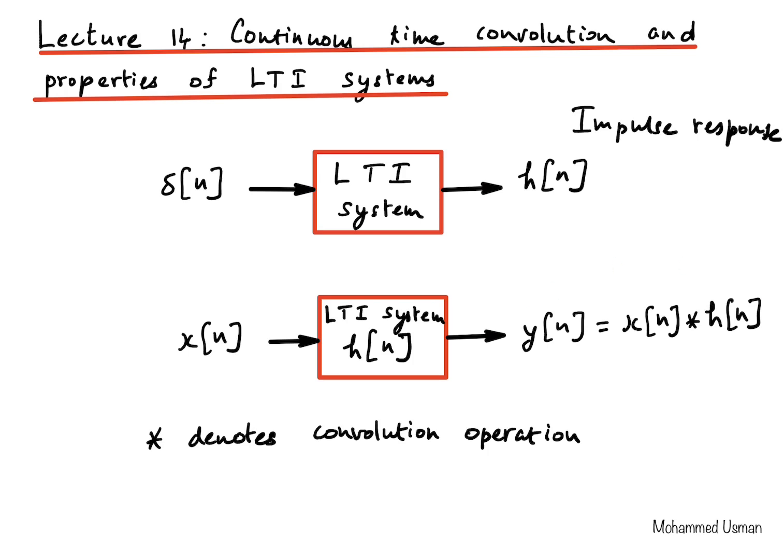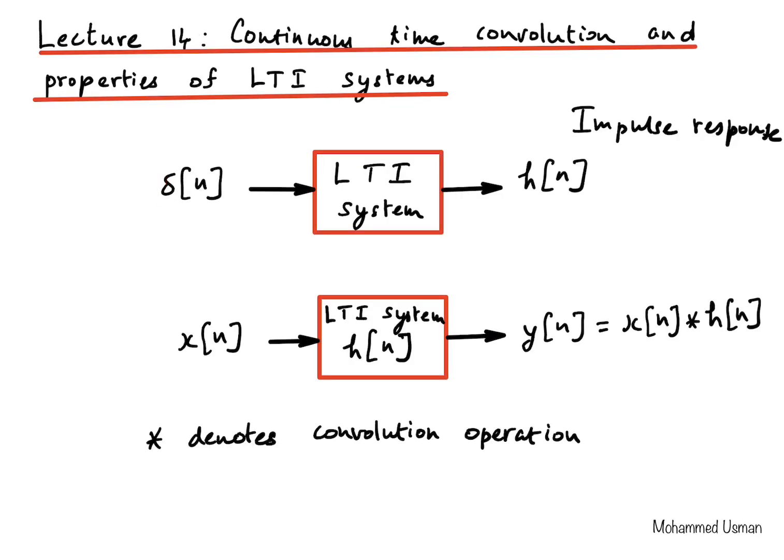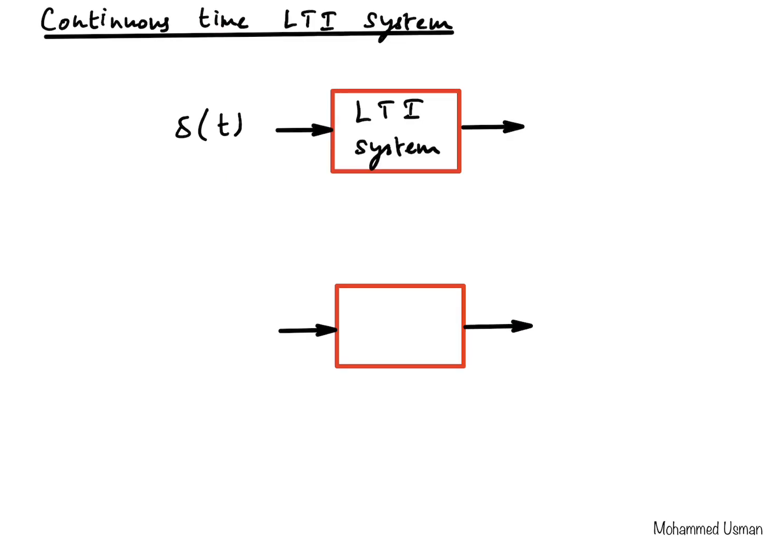The same idea applies to a continuous time system as well, and we discussed in detail in the previous lecture how to perform this convolution operation. So let us now look at the continuous time case. If we have an LTI system in continuous time, and the input to this system is a continuous unit impulse function, which we denote as delta of t, note that for the discrete case we denote delta of n in square brackets, which is the standard notation, and for the continuous case we use round brackets.